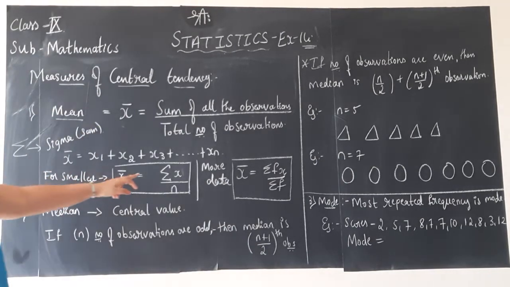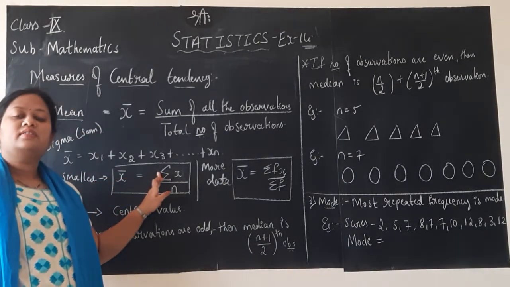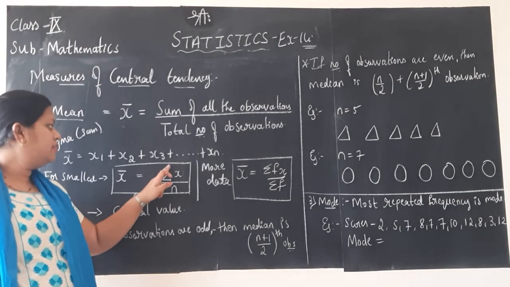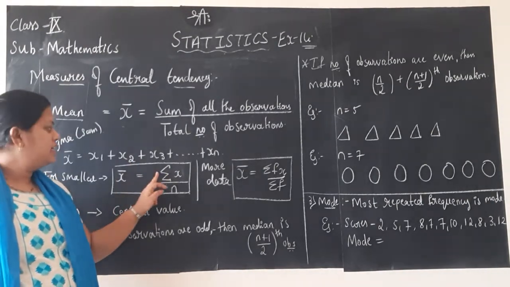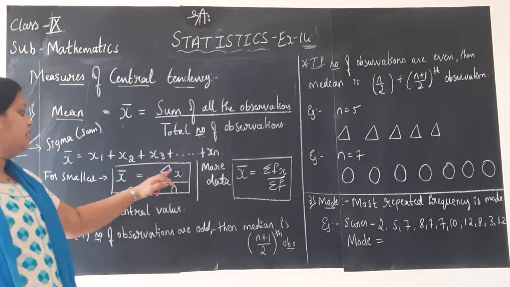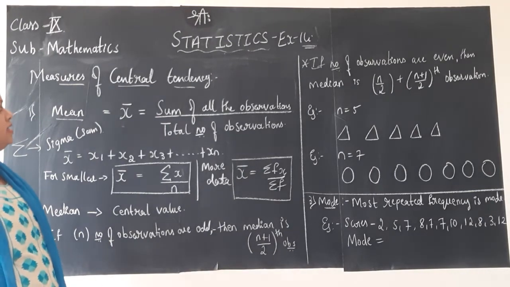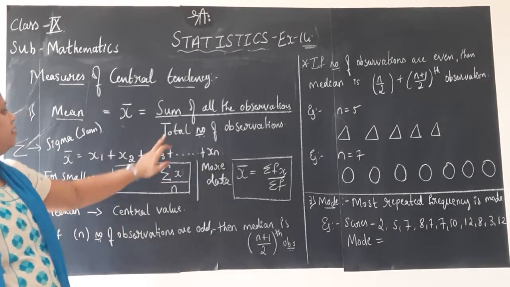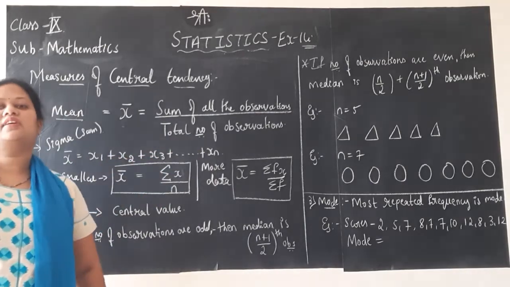This is the representation for summation, the sum of all the values you find out is represented by sigma. It is read as sigma and symbolically it is written like this. Now sigma x divided by n. Sigma x is x1 plus x2 plus x3 up to xn, divided by the total number of observations, n.